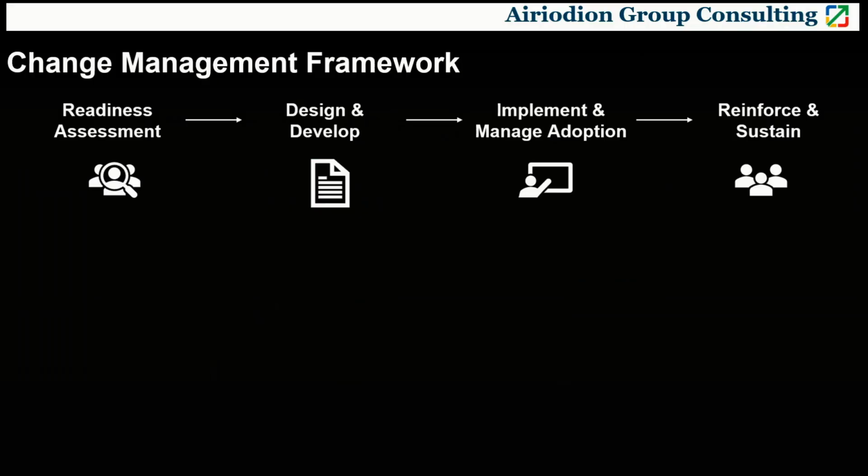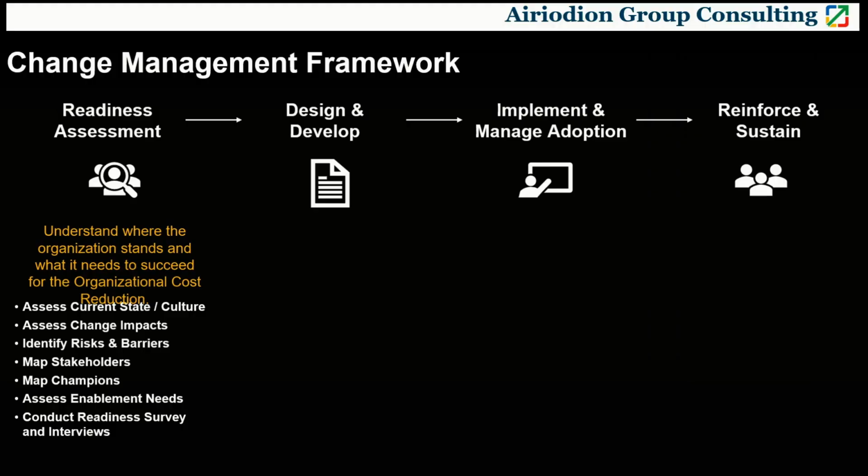Now, very quickly, here is a summary of the four-phased approach that I use quite often to deliver effective change management to increase receptiveness and buy-in for companies' cost reduction and optimization. Let me go through this very quickly so you can see everything in one slide.